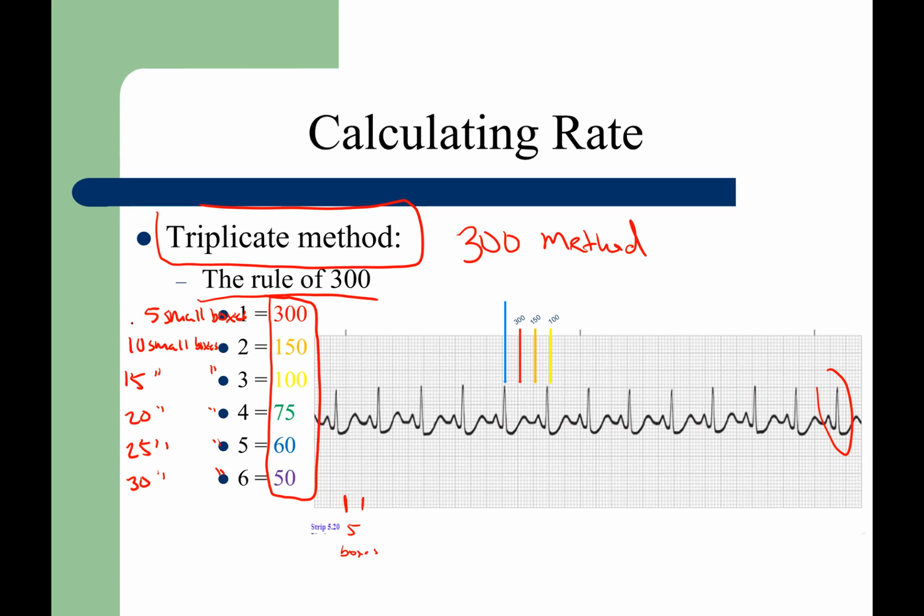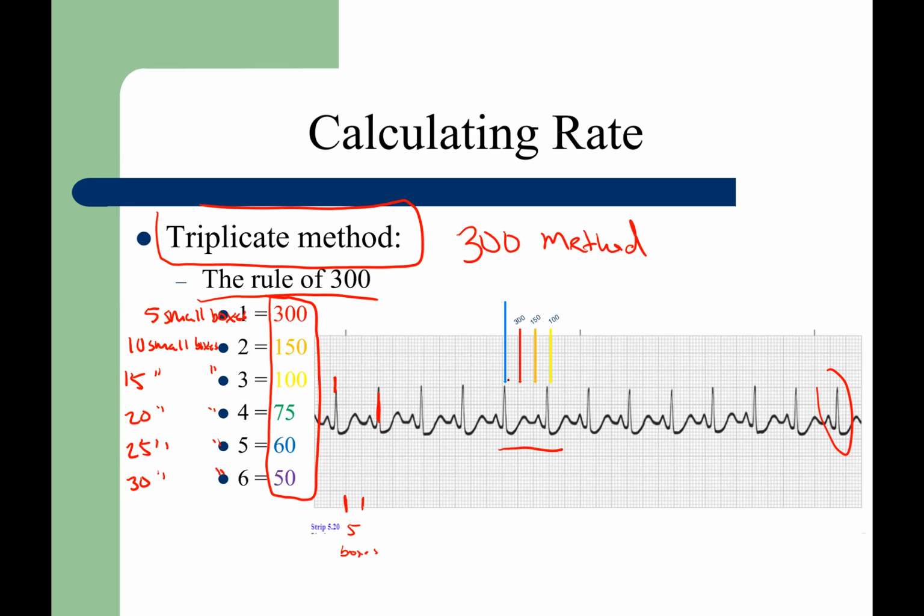We're going to start at 1 QRS and count 5 boxes. And the idea is if the next QRS lands on one of these numbers, then we can estimate what the heart rate is. So let's go to this example right here.